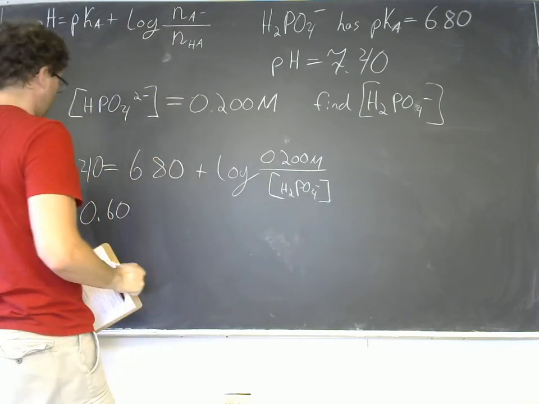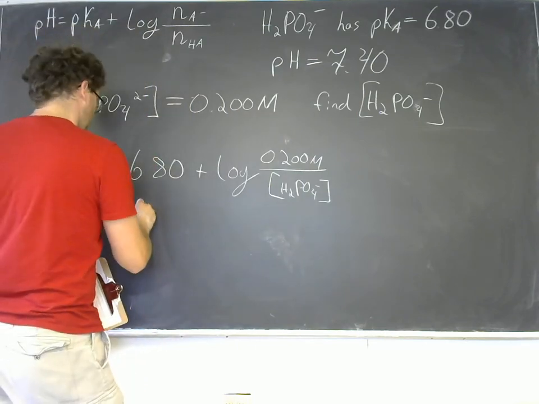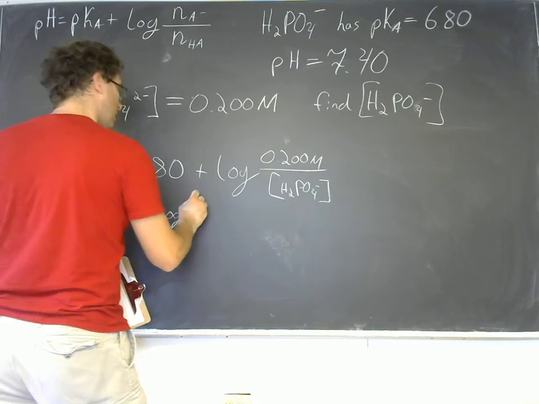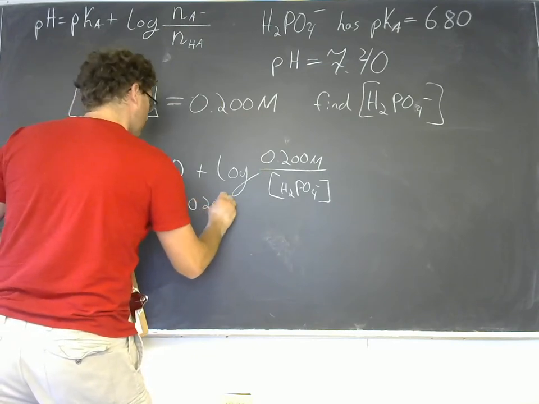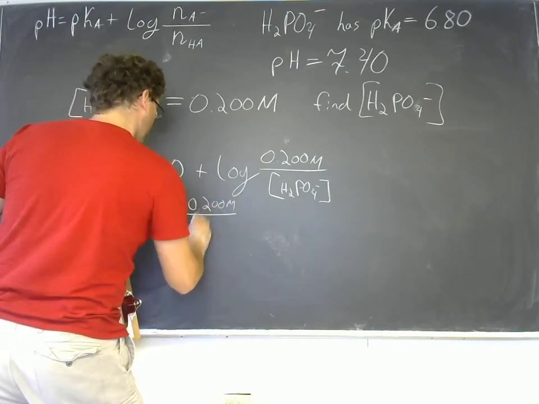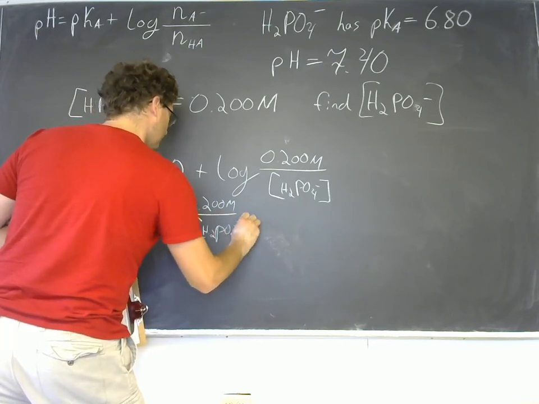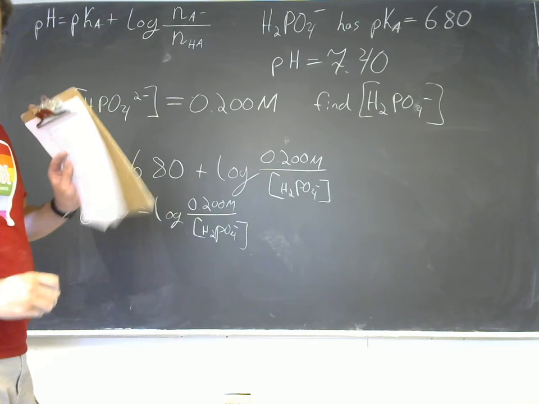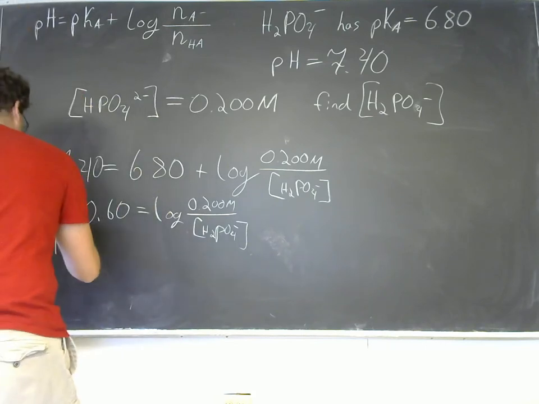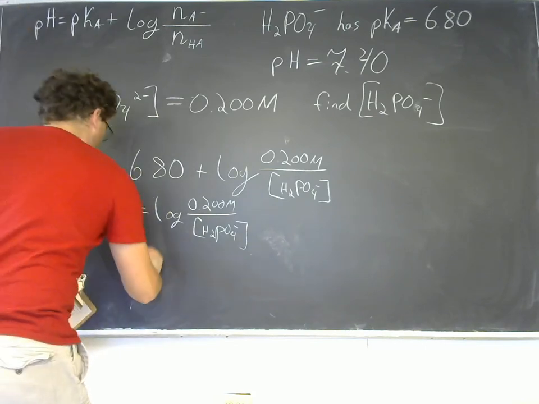So 0.60 is going to equal the log of 0.200 molar over H2PO4 minus. And we can get rid of that log by taking 10 raised to that power.